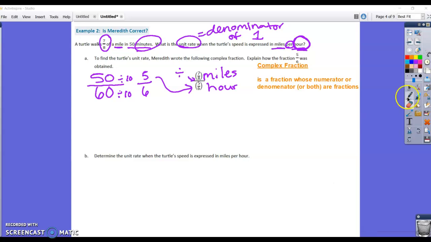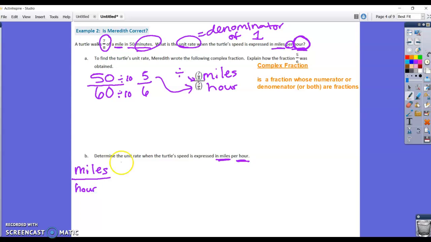So from the last video that it cut off at, 5/6 we were saying is the amount of the hours. Okay, so determine the unit rate when the turtle speed is expressed in miles per hour. So we are going to write miles per hour.